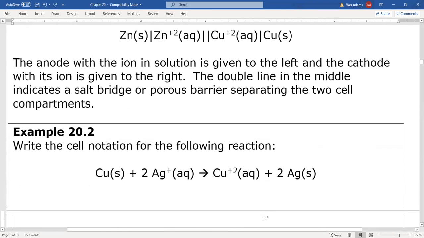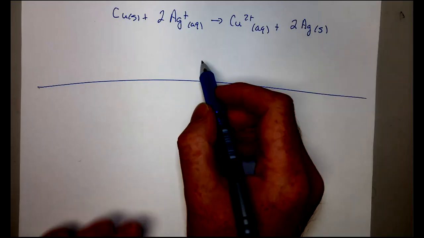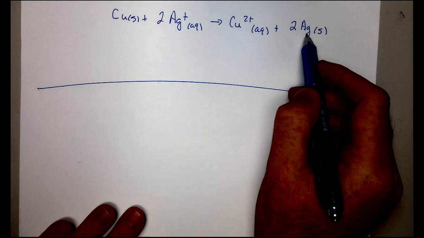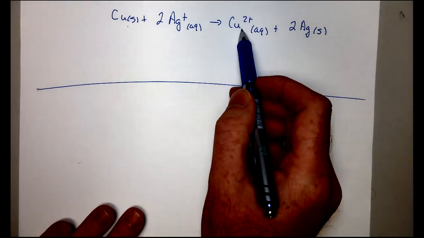So if we change it, and here we've got copper oxidizing and silver being reduced, what would be the cell notation? So this is our reduction, so that's the cathode. The copper being oxidized in this case is the anode.